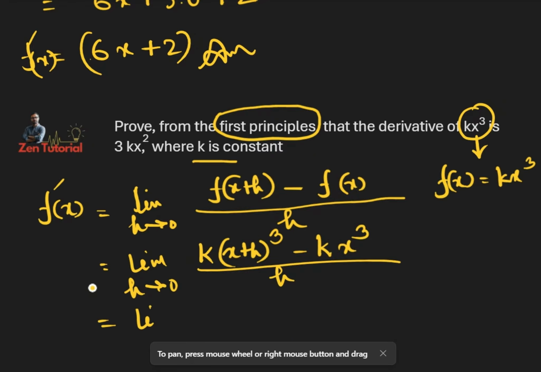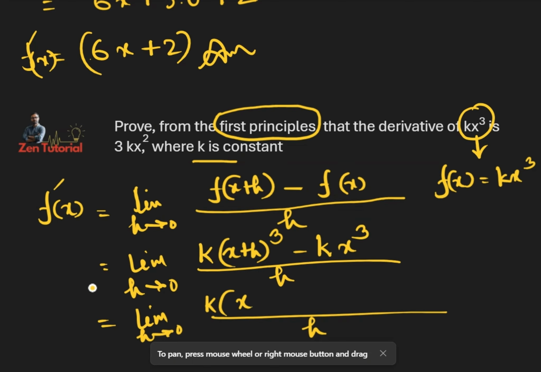The following line: limit h tends to 0, over h, k, and the basic rule of a plus b whole cube.